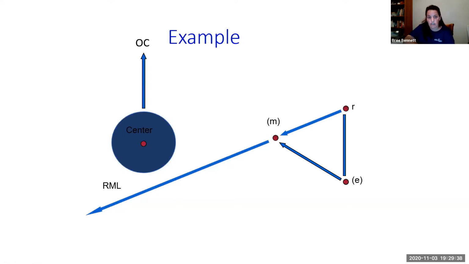How close are they going to get? They're far away, far away, as close as they can possibly get, then far away again. And how we measure that is with a 90-degree angle from the relative motion line.